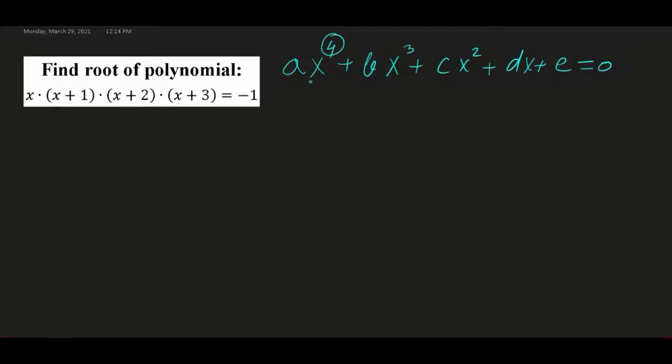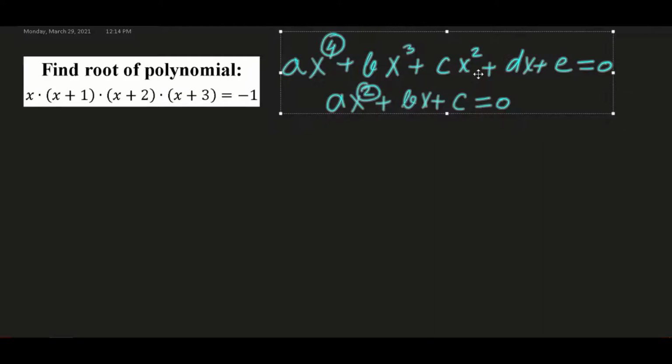It means this polynomial has 4 roots. If, for example, ax squared plus bx plus d is equal to 0, the highest power is 2. It means that it has 2 roots, 2 solutions.